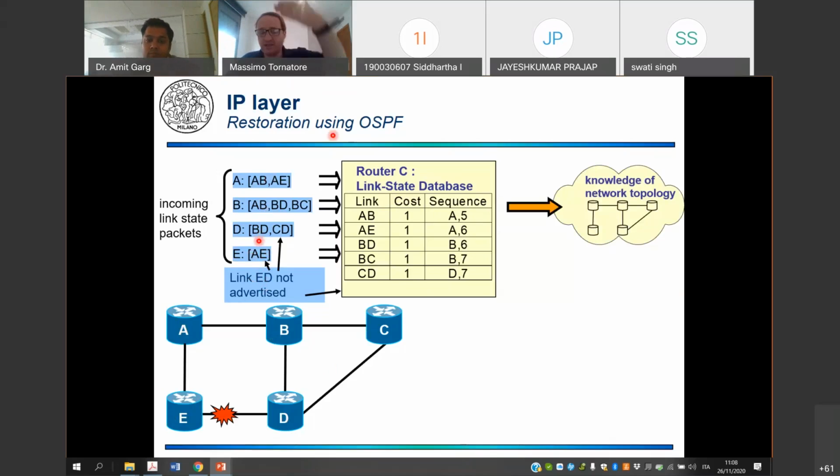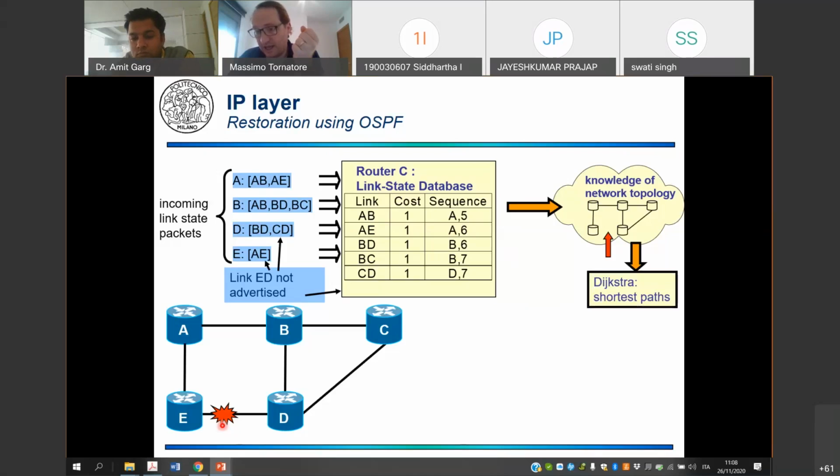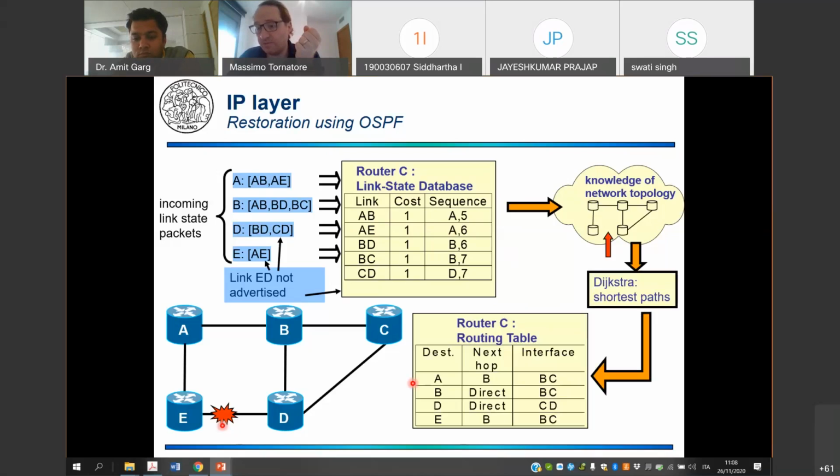It will write a list of links, the link state database, and it will reproduce an image of the network thanks to the link state advertisements received, which is an updated vision of the network in which this link is no more present because it's broken. Over this updated network, removing the link ED, we can run Dijkstra, and we can update the routing table.